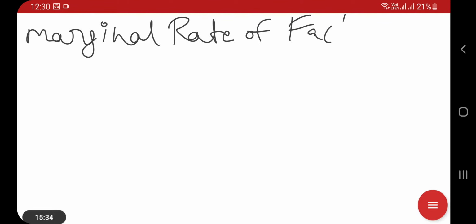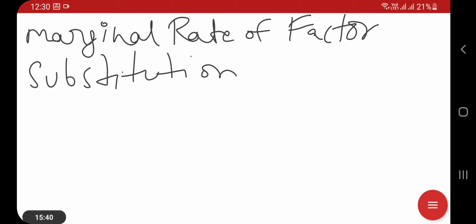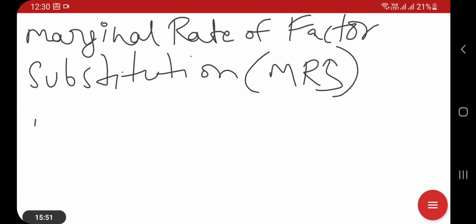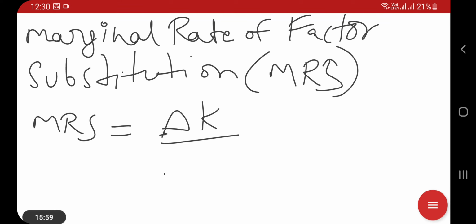It is also known as MRS. So MRS is equal to change in capital by change in labor.